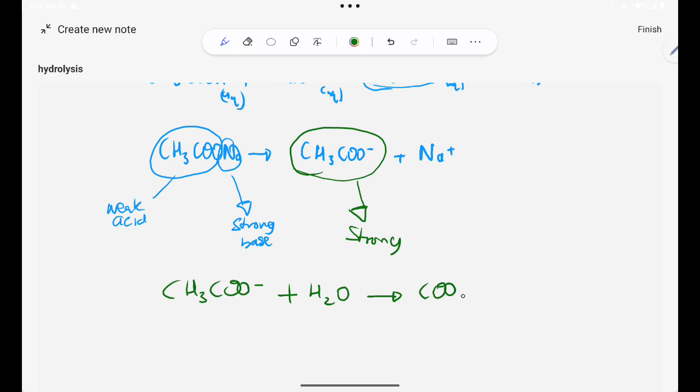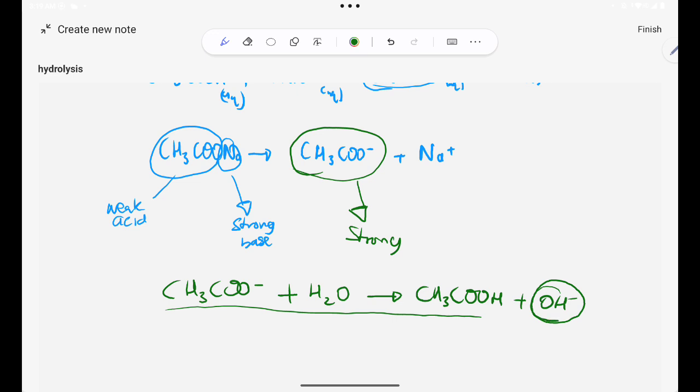This will give me CH3COOH plus the OH minus ion. Are we together? We can all see that in this reaction, the hydroxide ion is the one which is in excess.